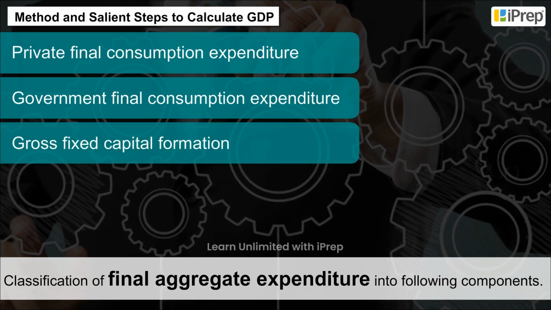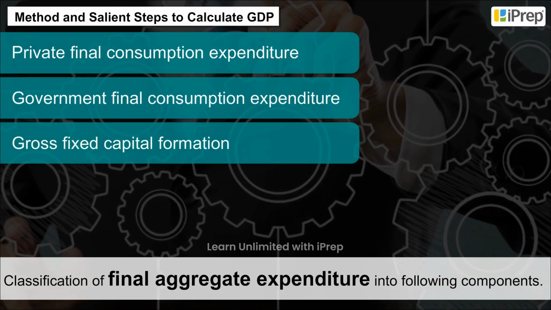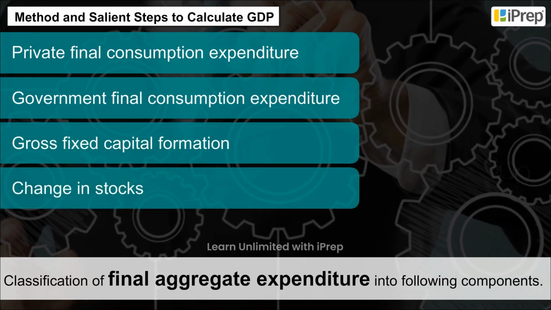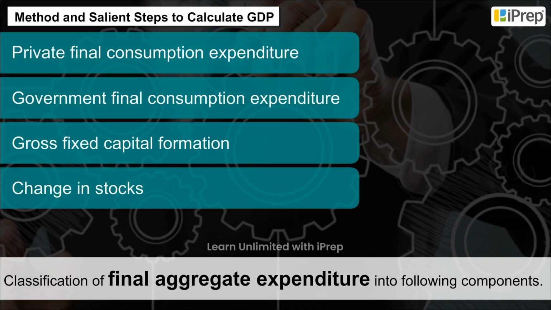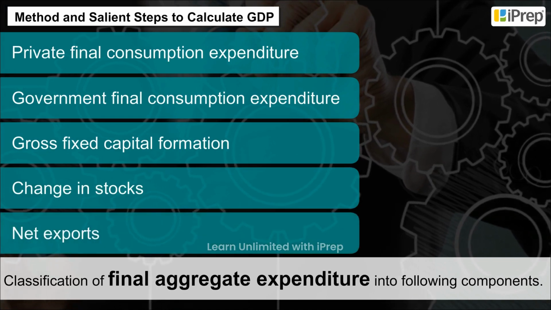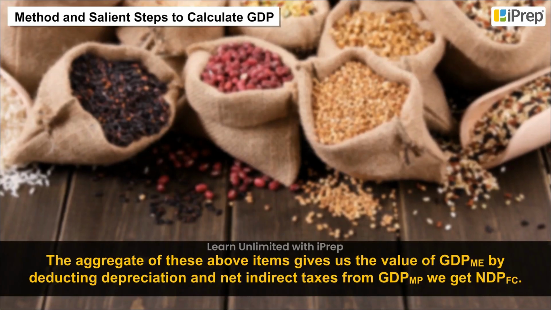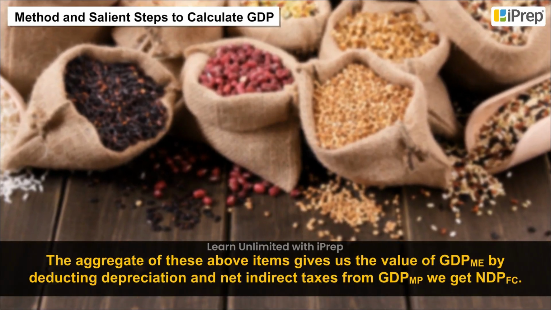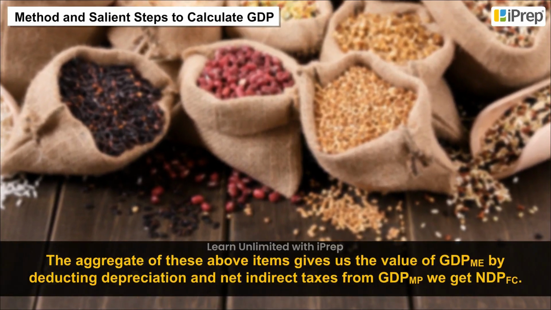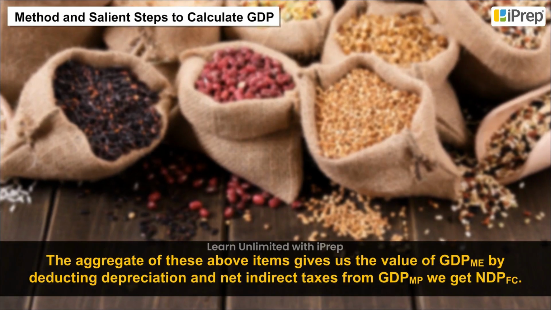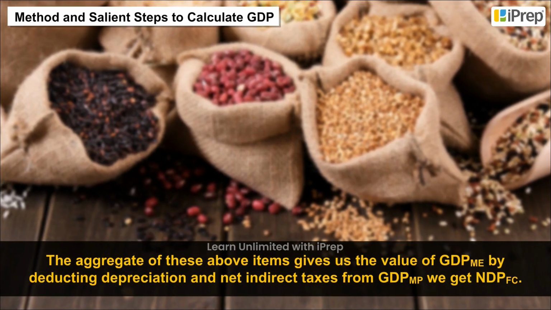C. Gross fixed capital formation. D. Change in stocks. And E. Net exports.